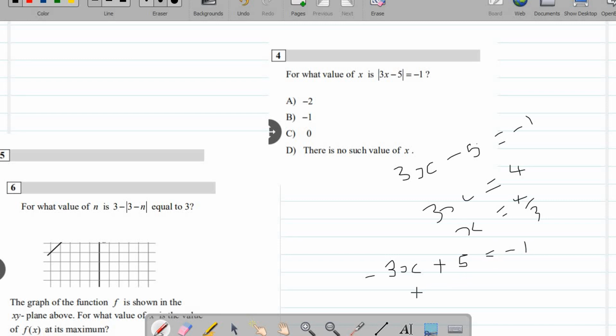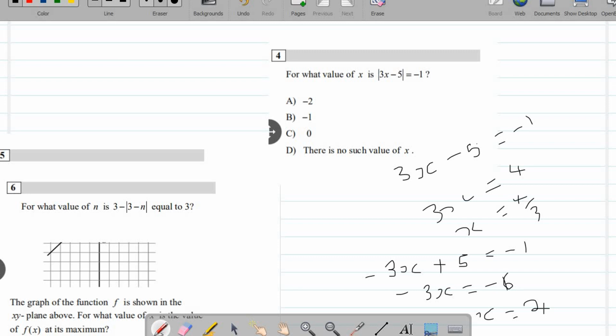Okay, so if you have this minus 3x plus 5 equal to minus 1, you move to the other side: minus 3x is equal to minus 1 minus 5, that's minus 6. Okay, and x equal to 2. So x equal to 2 there.